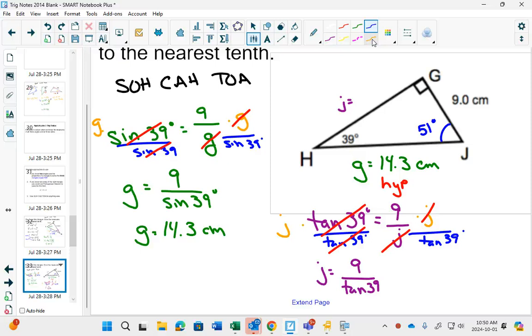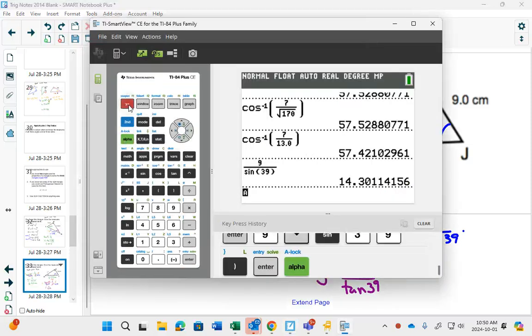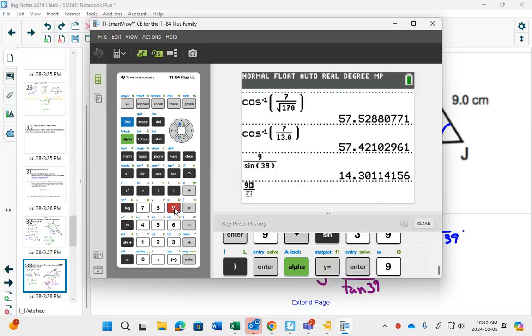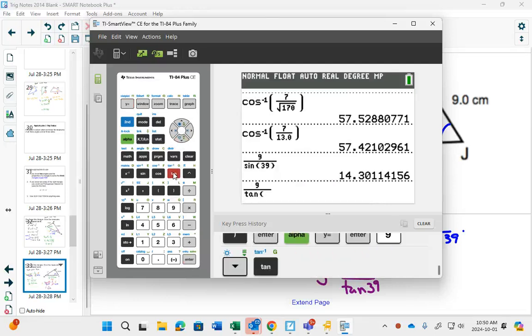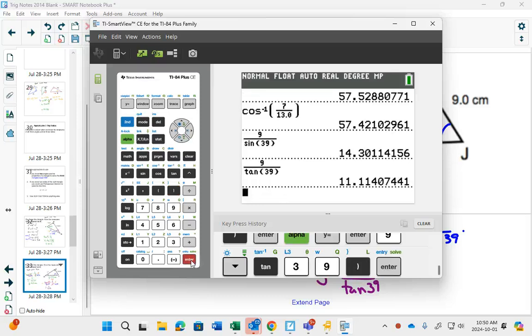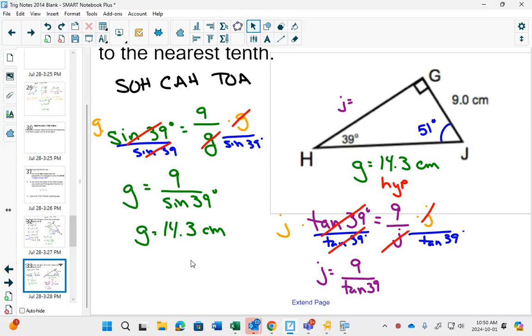And then we go to our calculator. 11.1. I look at my triangle. Everything is labeled on my triangle, so now I know that I'm done.